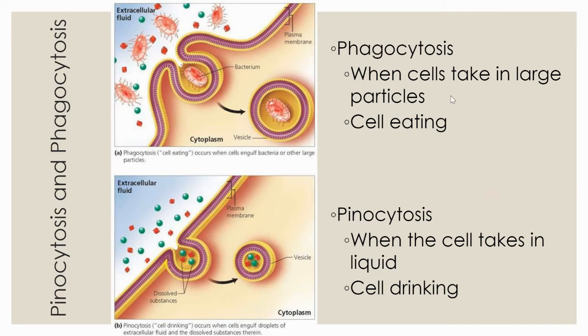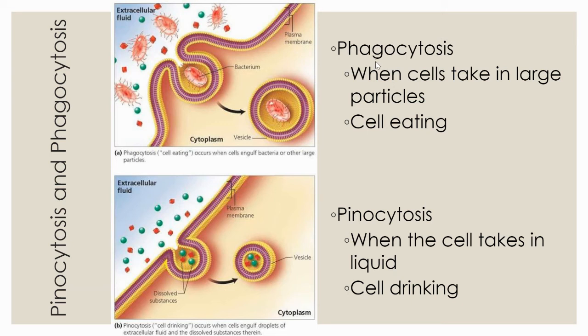Phagocytosis is when the cell takes in large molecules or large particles, like a defense cell in our body could do phagocytosis and take in a large bacteria, actually not a molecule, but a cell, and bring it into the cell. That is a type of endocytosis moving in that is a large particle, and that is called phagocytosis.